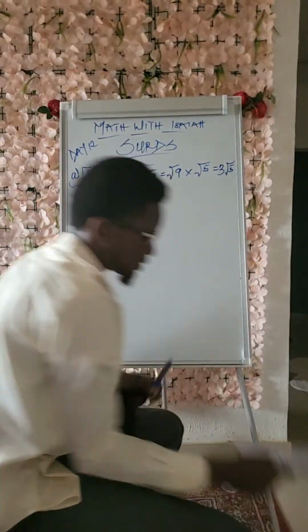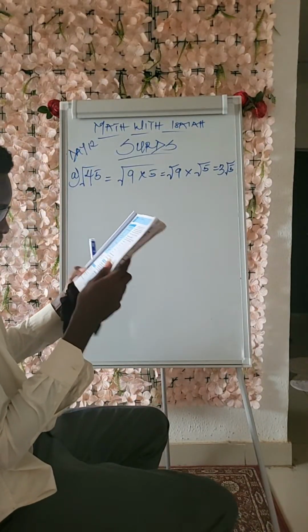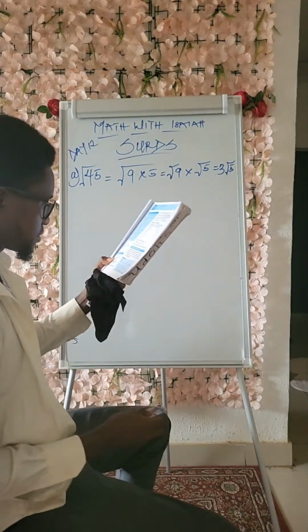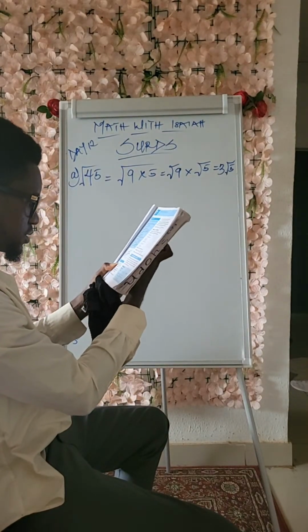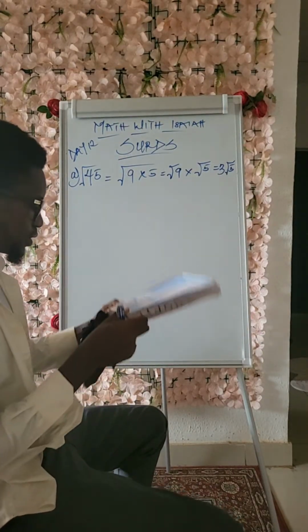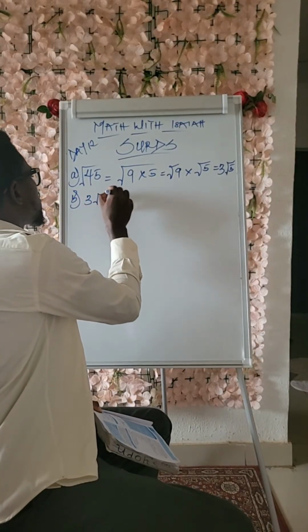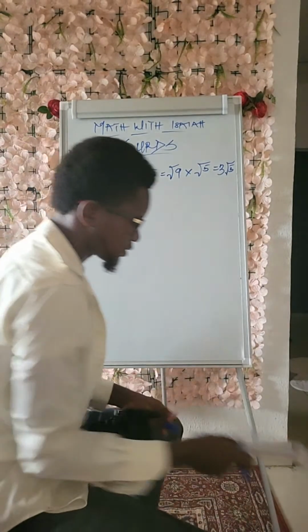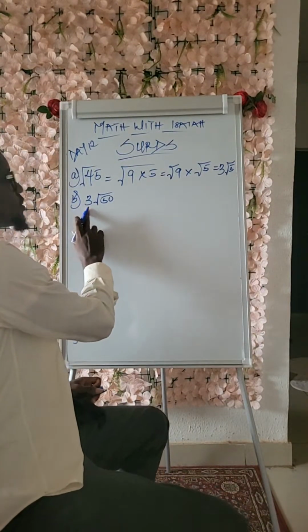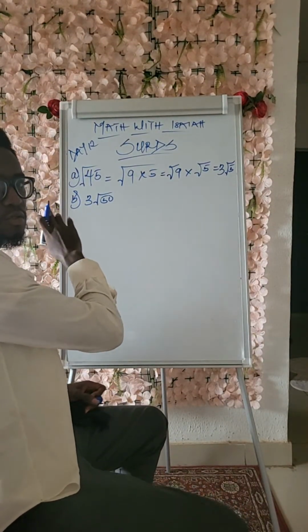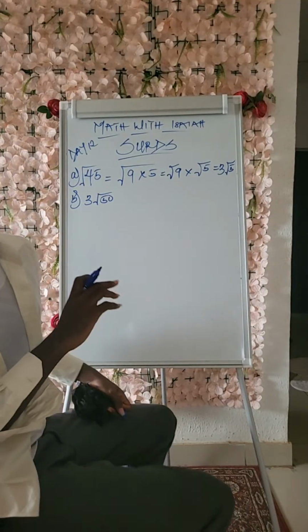Let me find a few other examples. Let's quickly do this: 3 root 50. Now, let's quickly solve this. 3 is on the outside, has no root on top of it, so it's good.